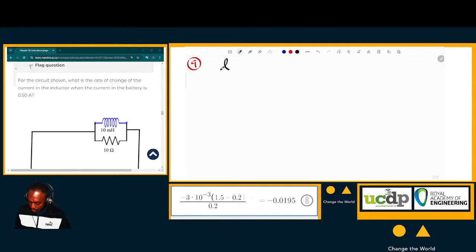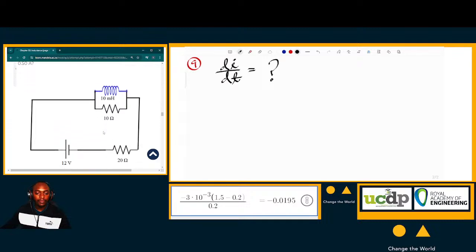So we want dI over dt. That is what the question is asking us to find, right? And what are we given? I'm just going to scroll down so you can see the entire circuit. So this is how the circuit looks like.